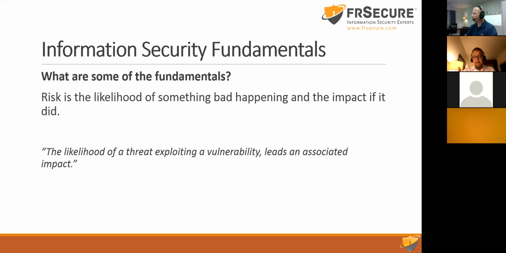Where there's a gap, that's where I want to insert risk. I want to understand the likelihood of something bad happening and the impact if that bad thing happened where I have that gap. That's another way to build a security program. That's more called a risk-based information security program, and these are the types of programs you really want to build. You're starting to see regulators moving this way, which is awesome because we've been preaching it for a long time.